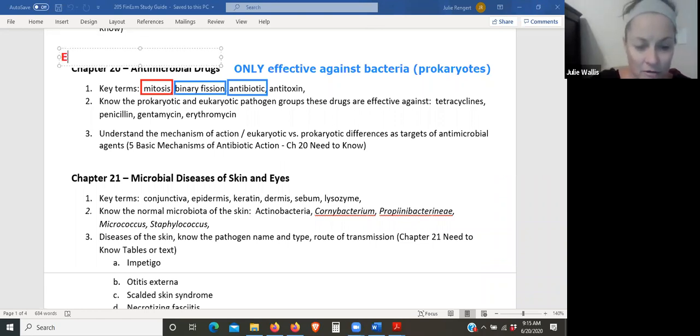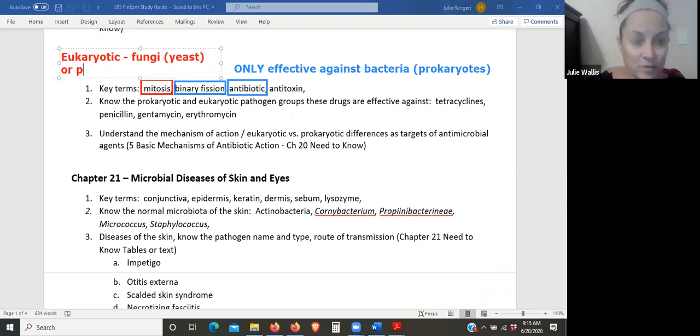So for our microbiology purposes, these are going to include the yeast or fungi. Fungi, which includes the yeast, or protists, that includes our protozoas like amoeba, things like that.